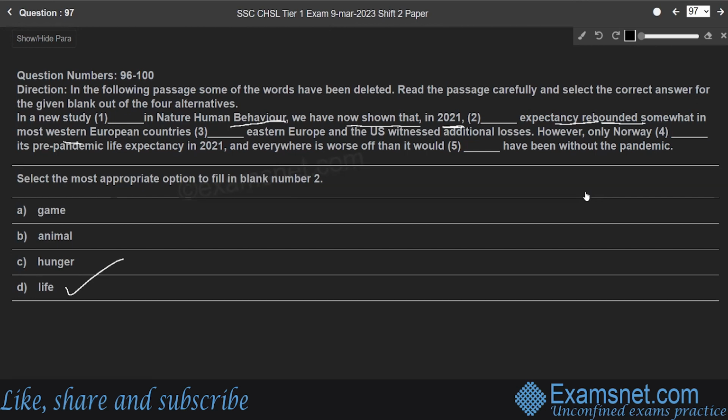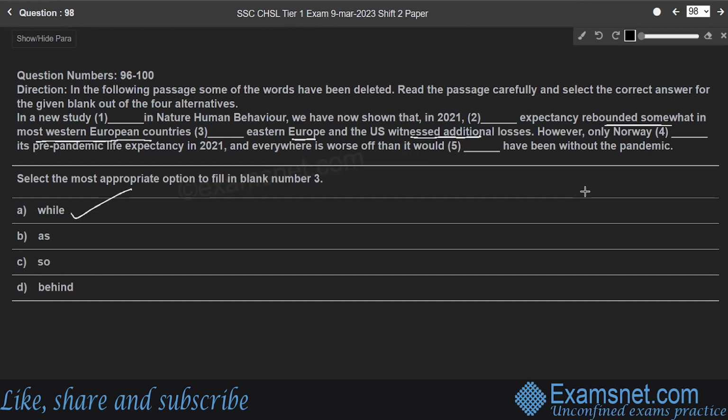Moving on to question number 98. Rebounded somewhat in most Western European countries, blank Eastern Europe. So, while Eastern Europe and the US witnessed additional losses. We have to use the word while. We need to consider the context of the sentence.